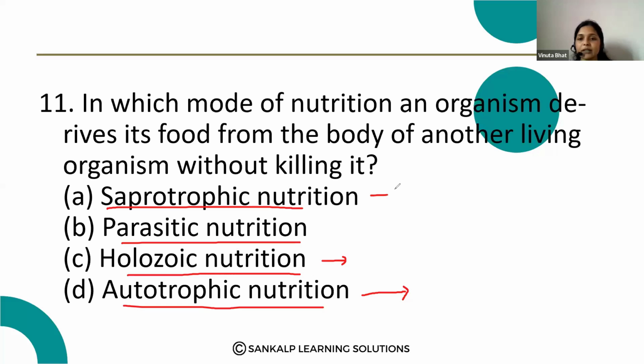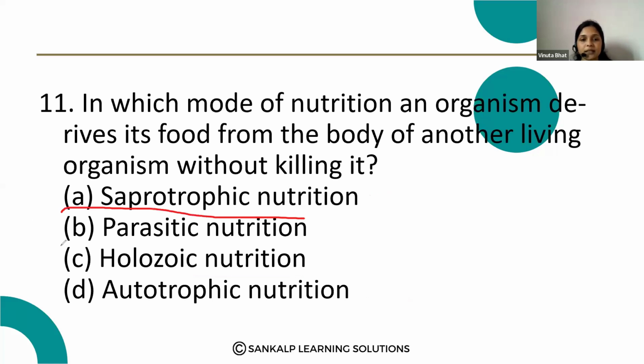Saprophytic nutrition is by the dead and decaying organisms; fungi obtain the nutrition by this type, that is saprotrophic nutrition. The correct one is the parasitic nutrition. In this type of nutrition, they get their nutrition from the other organism, but they will not kill it.